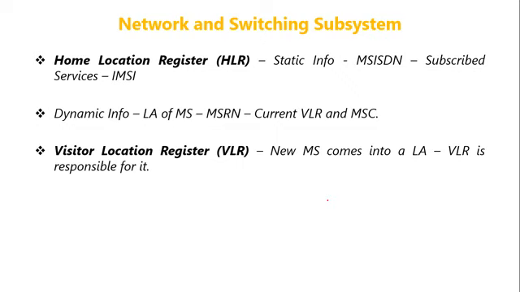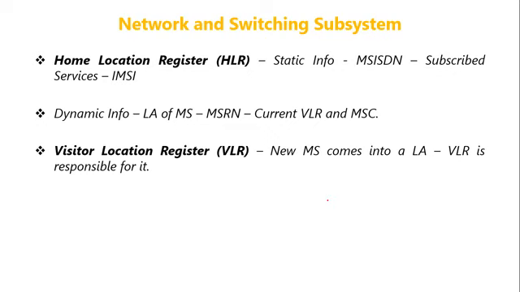So this is the brief introduction about the network and switching subsystem. It contains centers like the MSC, mobile service switching center, and two main registers, the home location register and the visitor location register.